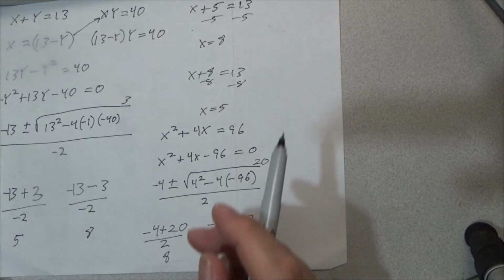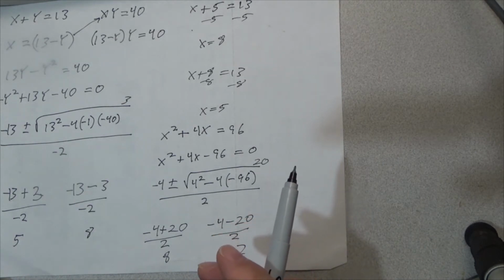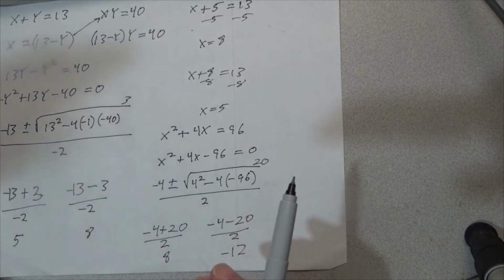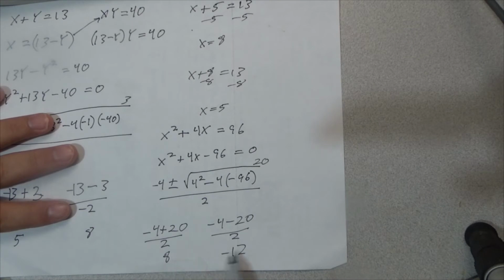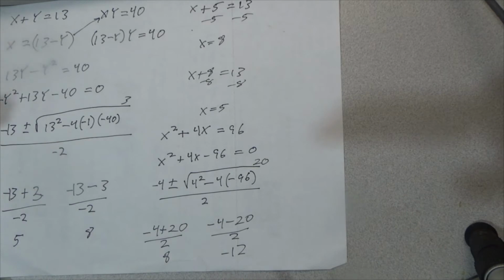So let's say, for example, if number 10 said something along the lines that it had to be positive or that it had to be negative, that would help us to choose specifically which of these answers would be correct. But based on the way it's worded right now, I can't really choose between the two. I just have to say it's either going to be the 8 or the negative 12. There's really no other way to get any more detailed than that.